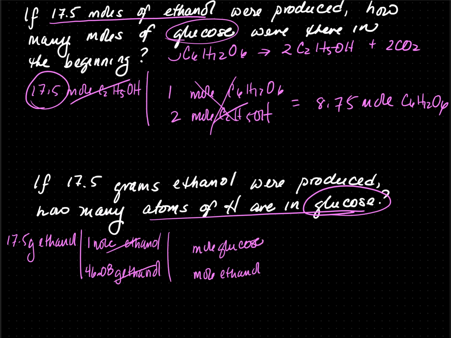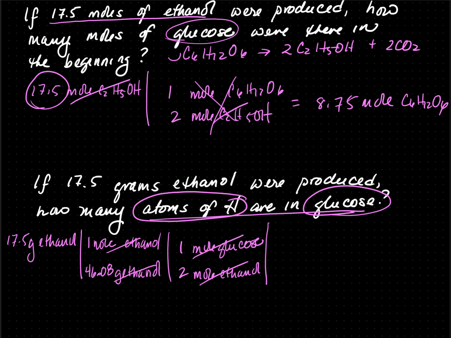From the balanced equation, the coefficient of glucose is 1 and the coefficient of ethanol is 2. Moles of ethanol cancels out with moles of ethanol. If we stop here, we're at moles of glucose, but we don't want moles of glucose. We want the atoms of hydrogen that are in glucose. So I need to continue on.